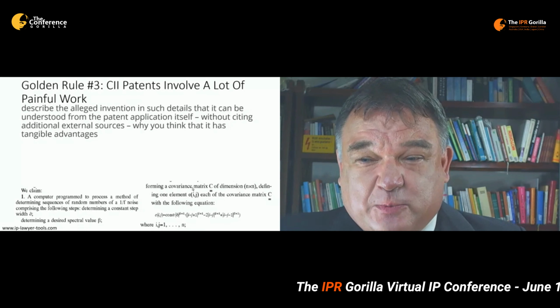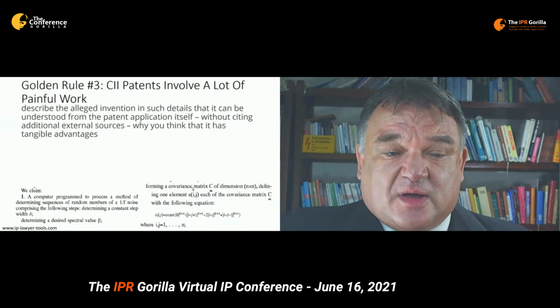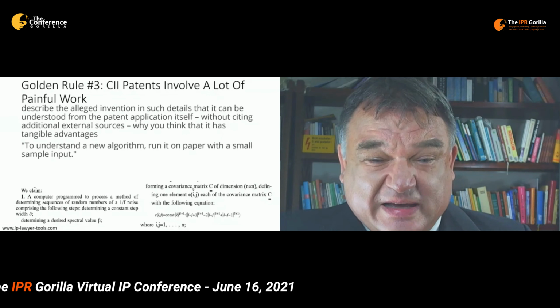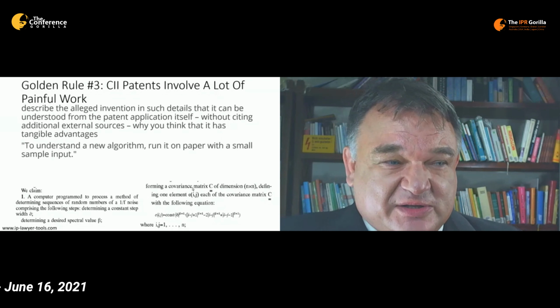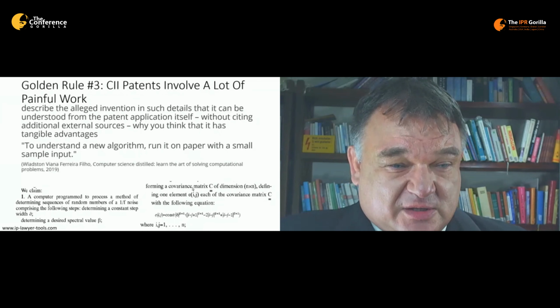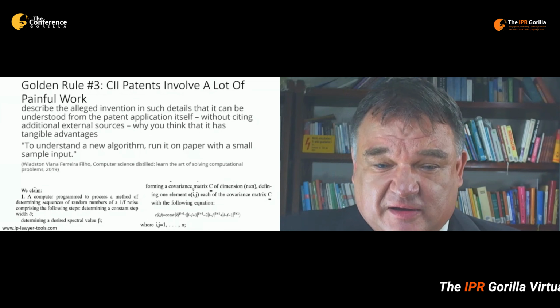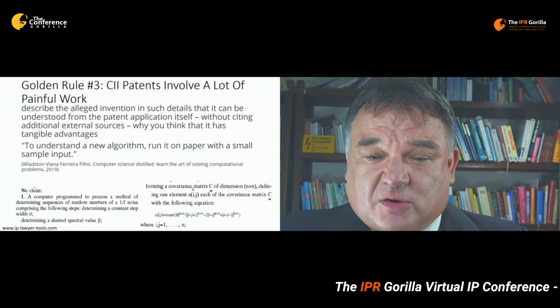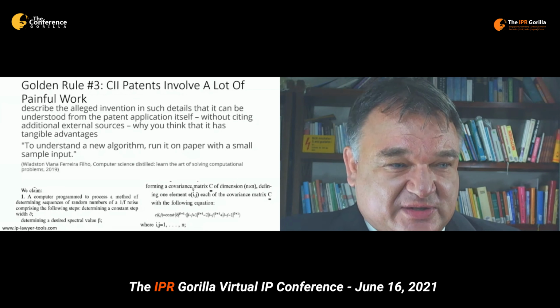And you must describe why you think that it has tangible advantages. What I mean with that is, to understand a new algorithm, run it on paper with a small sample input. This is taken from a book that I would like to recommend. It's a very small, short book, written by Gladstone Ferreira Filho, Computer Science Distilled, Learn the Art of Solving Computational Problems, issue 2019.